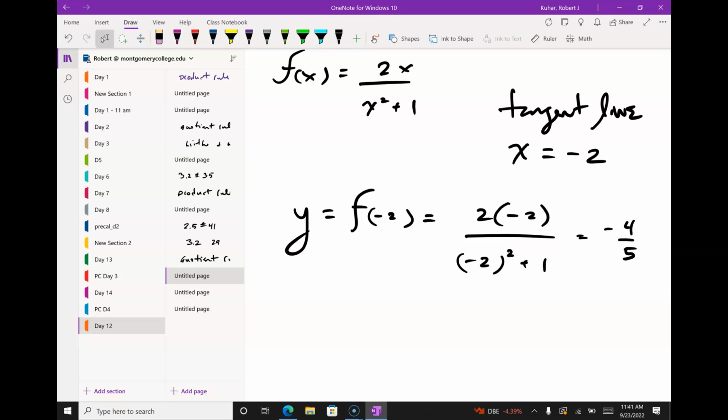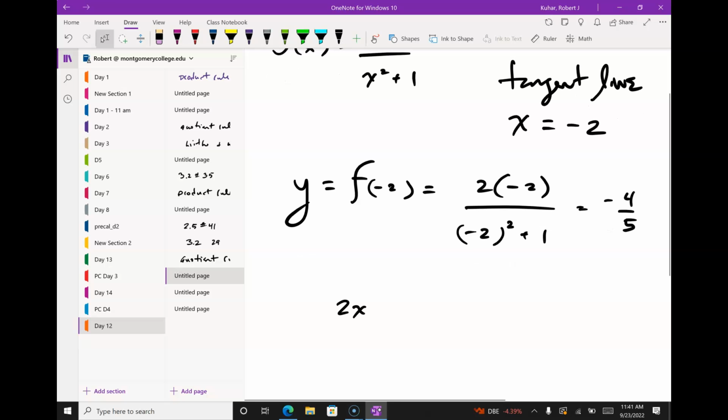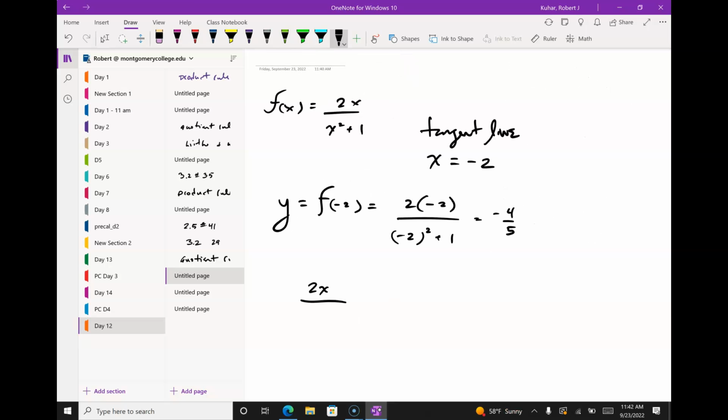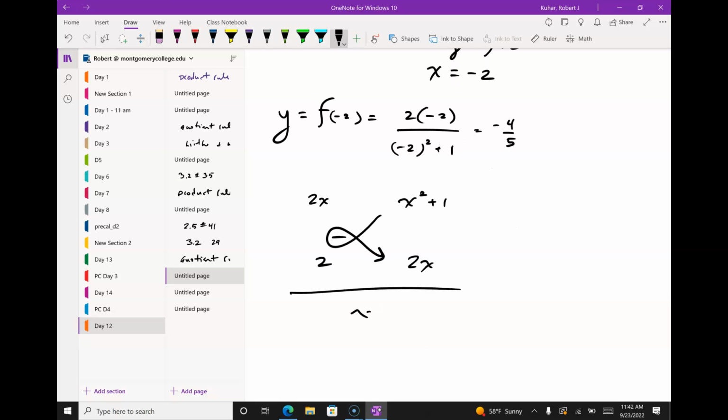I need a derivative. So let's get our derivative using the quotient rule. Upstairs function is 2x. What's the derivative? 2. Downstairs function is x squared plus 1. What's the derivative? 2x, good. I need the quotient rule with the negative and dividing by the downstairs squared.